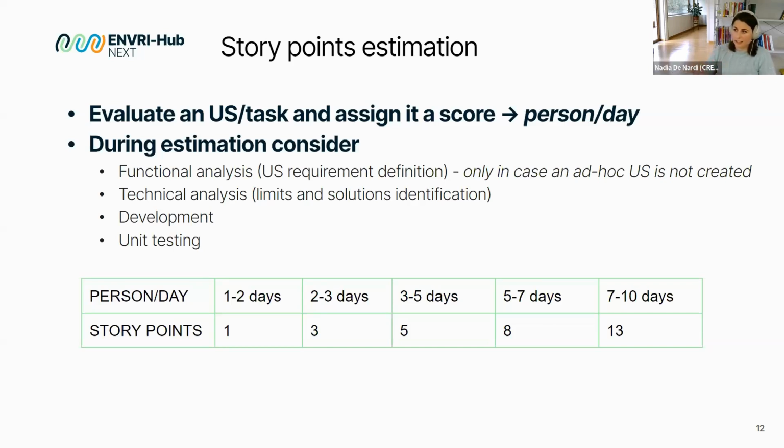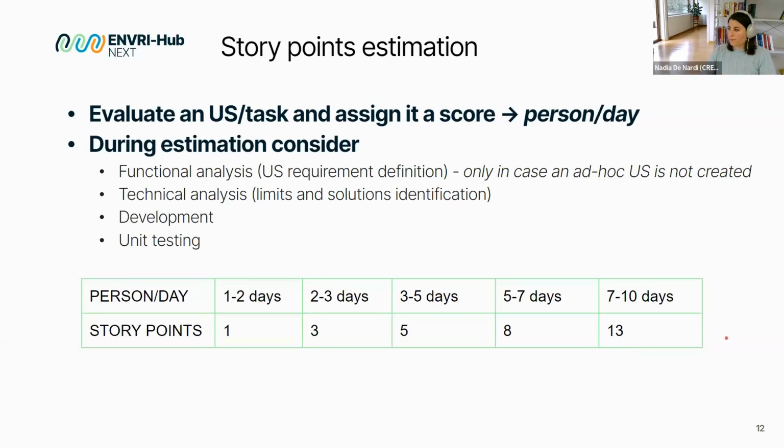A day, like 8 hours per day, 7 hours per day, depends. So, for example, if it will take 1 or 2 days, I will give 1 story point. If it will take 3-5 days, 5, 7, 10 days, 13. I won't go further. Here in this table, you won't see other story points. The one after is 20, 21, and so on.